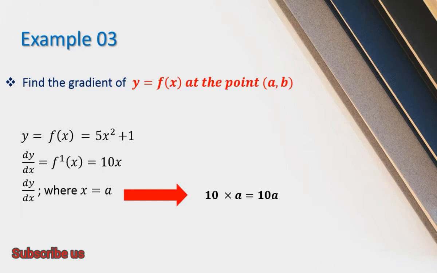First of all, we have to differentiate the given function. If y equals f(x) equals 5x squared plus 1, then after differentiating we get dy by dx equals f dash x equals 10x.